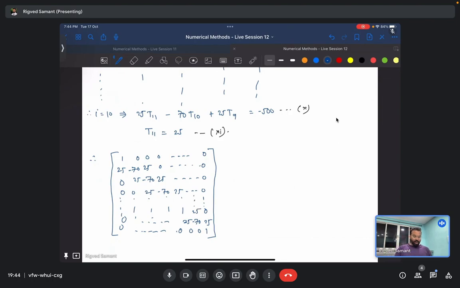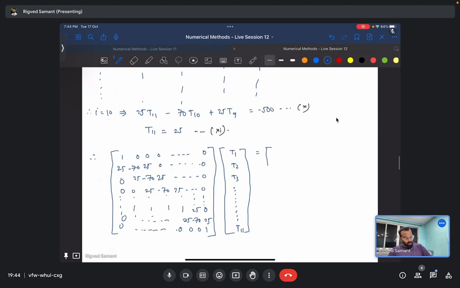So what kind of a matrix is it? What would be here? T1, T2, T3, and so on till T11. And the right hand side, what would it be? All would be minus 500. Sorry, not all.